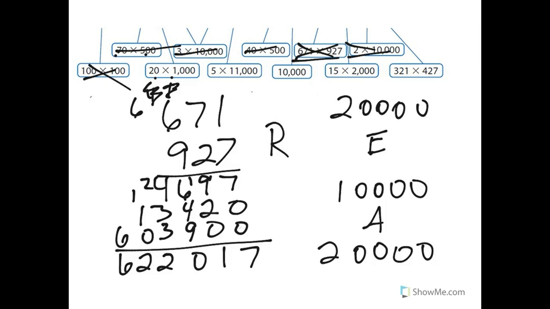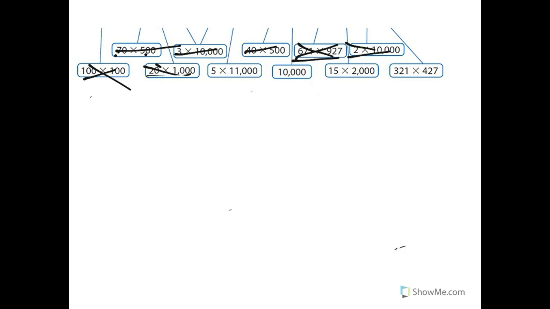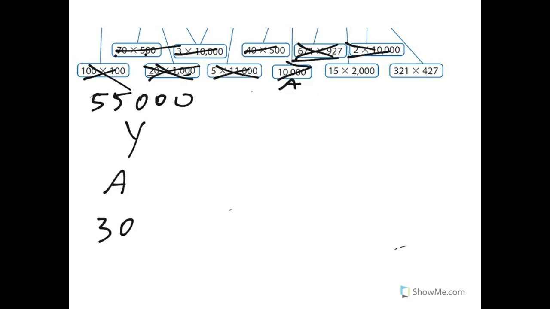And 20,000 is again E. Alright, let me erase this. Mark that out again. 5 times 11 is 55, with 1, 2, 3 zeros. 55,000 is Y. And then 10,000 again is A. 15 times 2 is 30, with 1, 2, 3 zeros. 30,000 is N.